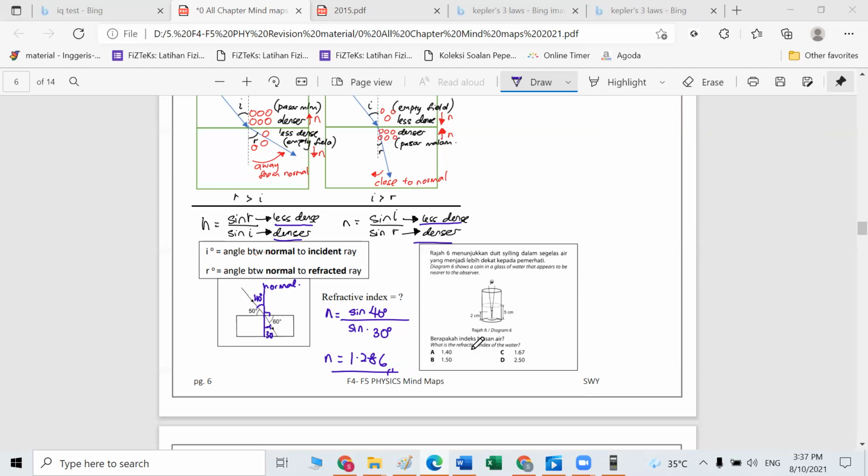Now, what is the refractive index of the water? I can give you a hint. n equals real depth over apparent depth. Substitute the answer. And I can remind you, depth means from the surface of water to the object or image.